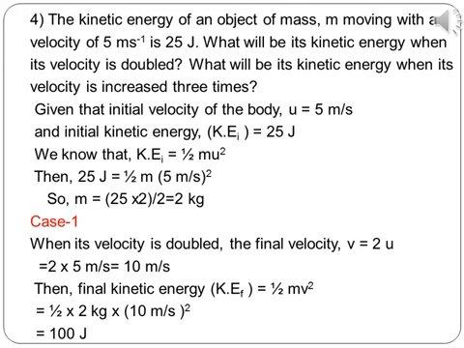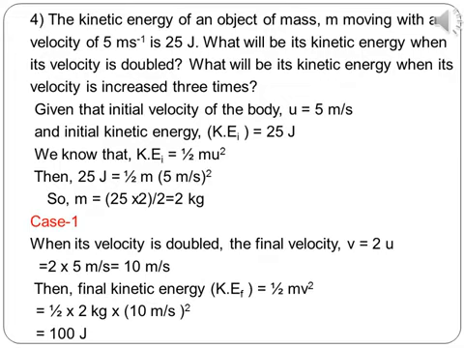See the solution. Given that initial velocity of the body u is equal to 5 meter per second and initial kinetic energy KEI is equal to 25 joules. We know that initial kinetic energy KEI is equal to 1 by 2 m u square, where u be the initial velocity.